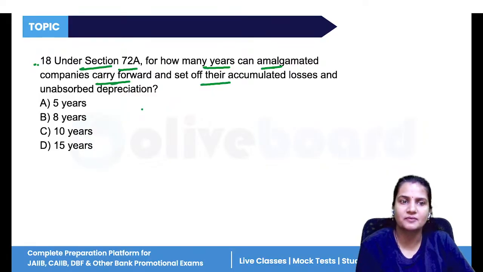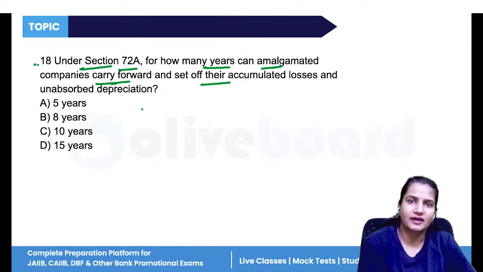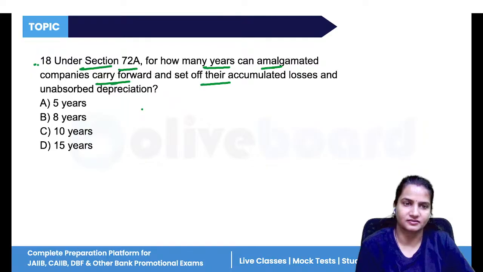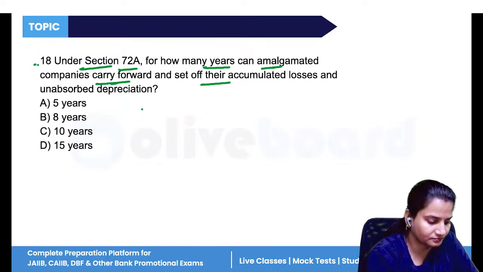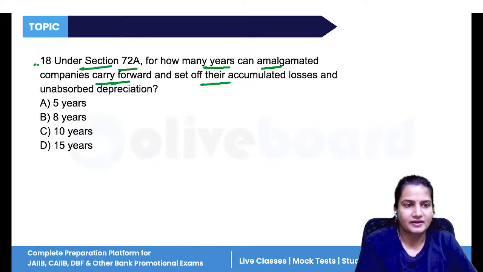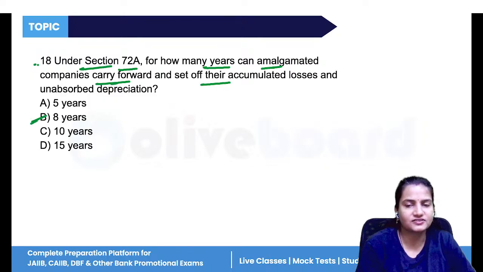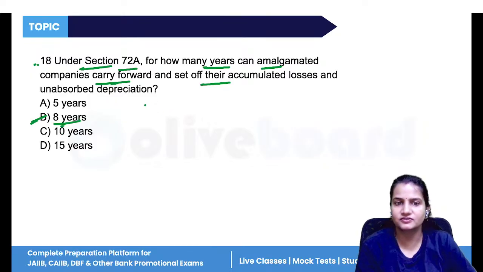Now the acquiring company can carry forward or set off the losses for how many years? 5, 8, 10, or 15? That is 8 years. Till 8 years you can set off and carry forward the losses of the acquired company.